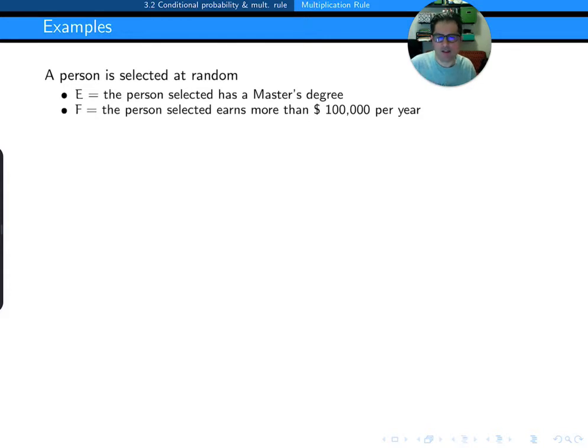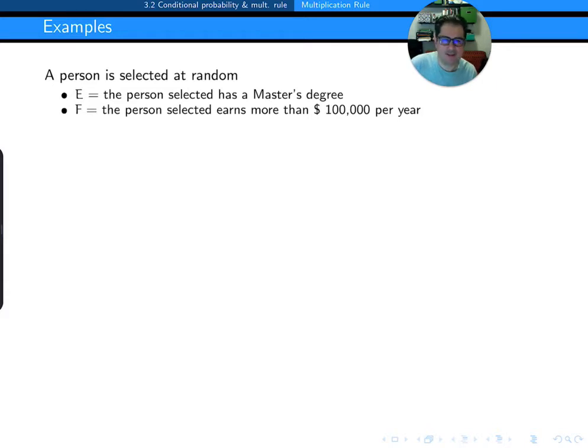There's a probability that you meet a person in the street or you're surveying, and that person has a master's degree. There's another probability that the person you selected earns $100,000 per year or more. Knowing that one of those things is true, does it change the probability of the other one happening?